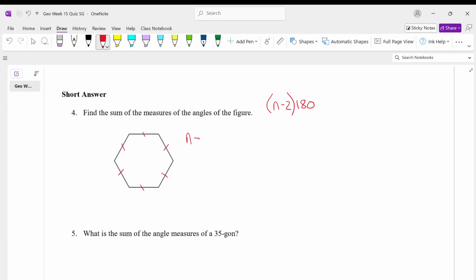So our n is equal to 6. So we're going to do 6 minus 2 times 180. 720 degrees. And this one's got 6 sides, so it's a hexagon.